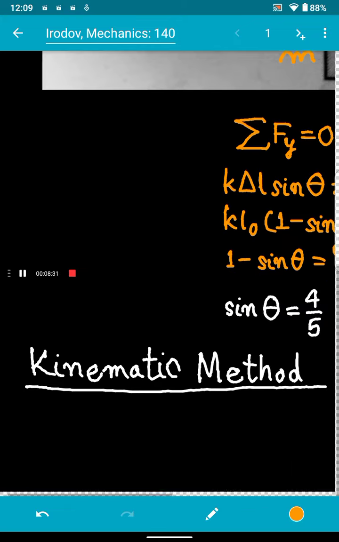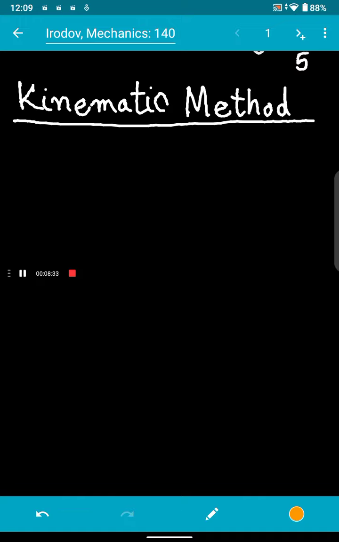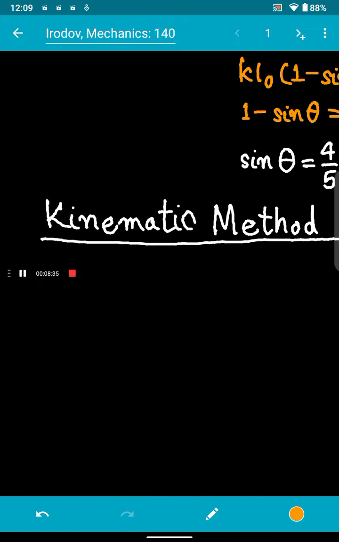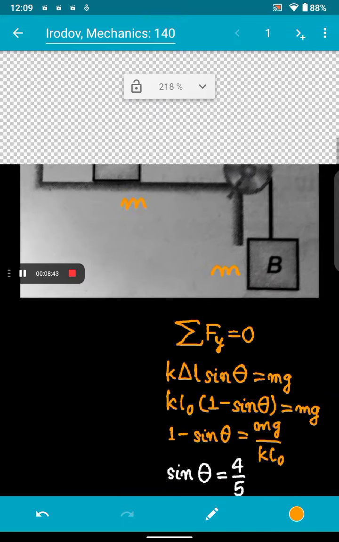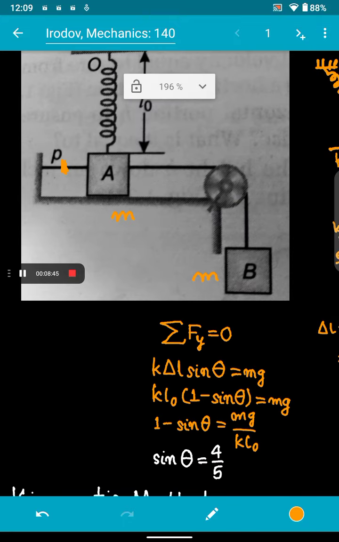Okay, so here we had that sin theta is equal to 4 by 5. Now what can we comment on the force? Look, these two blocks here, this whole is a system. This is a system and we have forces on the system.